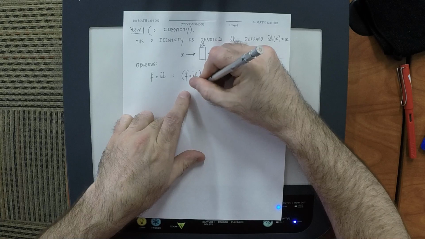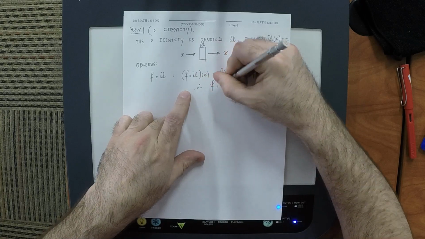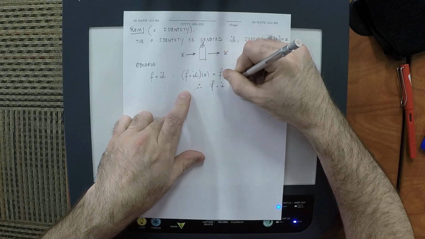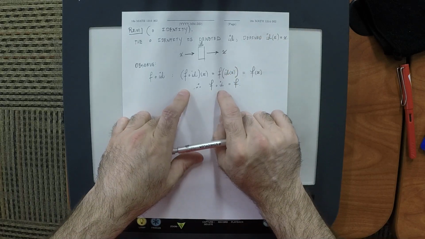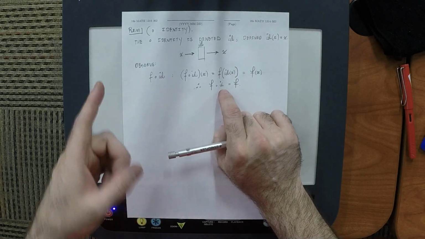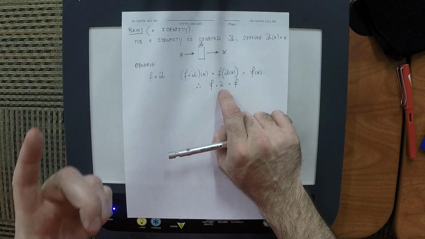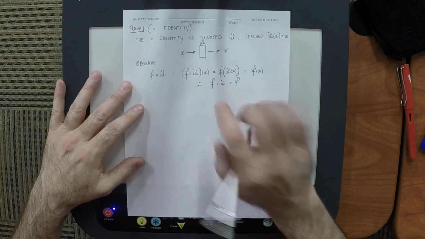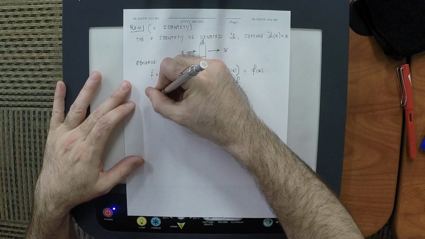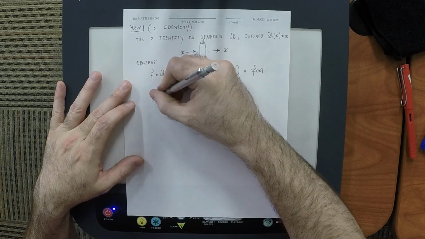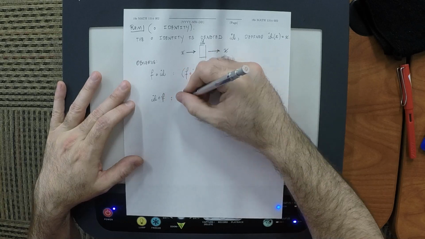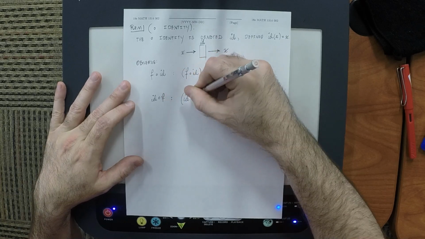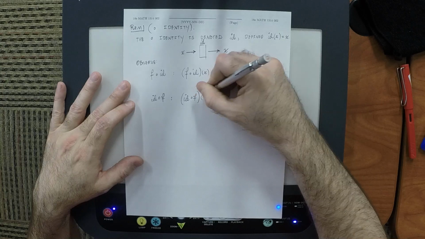So as a result, we know that f composed with ID is f. So giving x to ID first is the same as having not done that. So okay. What if we do it in the other order? What if we do ID composed with f? Okay. ID composed with f, evaluate at x.